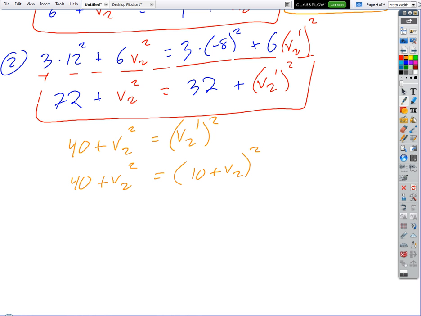Now we have to solve that. If I FOIL that out, I get 100 plus 20 V2 plus V2 squared equals 40 plus V2 squared. But look what happens to the V2 squared. They cancel. We can subtract those away, and so this is easy. Then we get 20 V2 equals negative 60. Everybody agree?